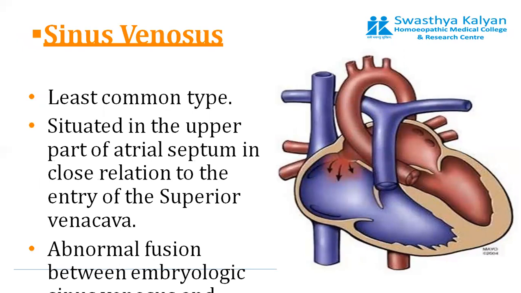Sinus venosus is one of the least common types, and it is situated in the upper part of the atrial septum in close relation to the entry of the superior vena cava.